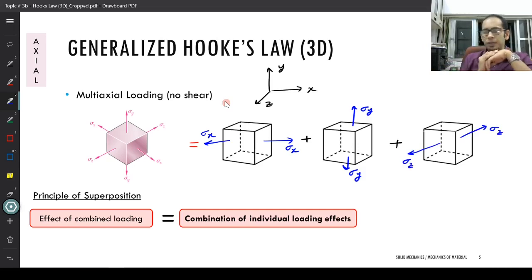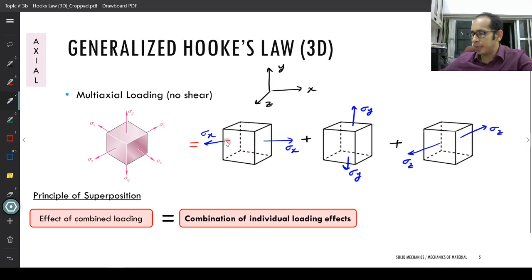Yeah. So essentially what I have done is that I have taken this one, and remember one very important thing in the principle of superposition: when you take the combined loading and break it up into the individual loadings, you must ensure that for each of these individual structures with these individual loadings, there must be an equilibrium, which there is in this case.